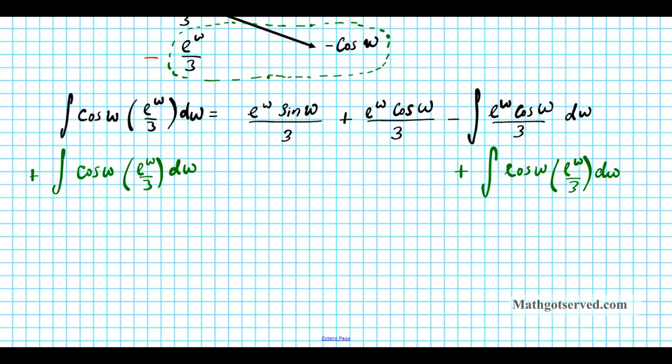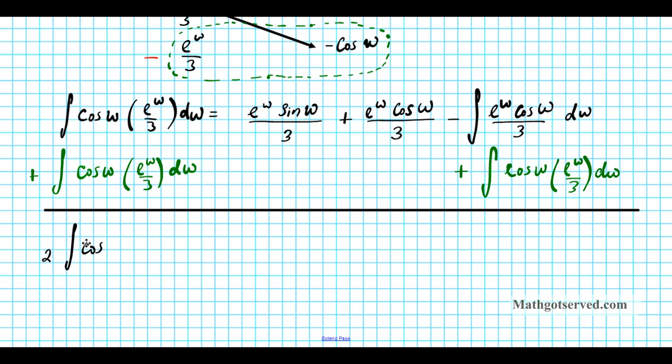Alright, so when I combine those two, let's go ahead and do the combination. I'm going to have 2 times the integral of cosine w times e to the w over 3 dw equals this business right here, e to the w sine w over 3 plus e to the w cosine w over 3.